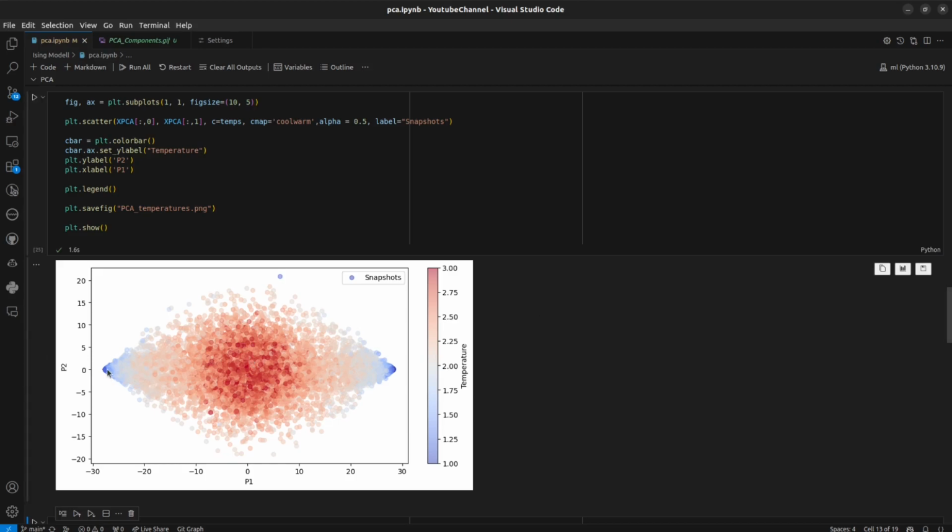That's corresponding to these both poles, so that might be all spins up and that might be all spins down. Or the other way around, since it's a symmetrical system, that doesn't really matter. And here in the middle we have the hot configurations where all spins are independent from each other and act randomly.